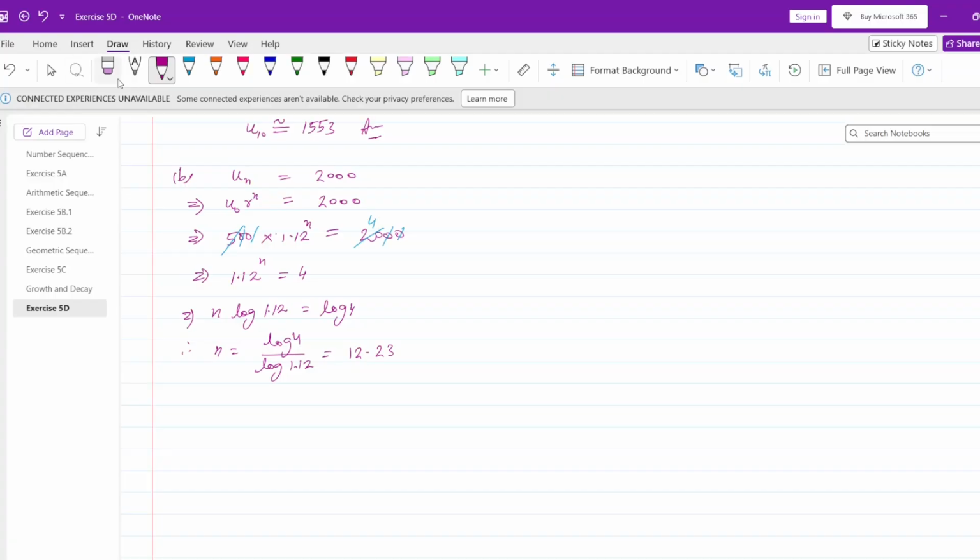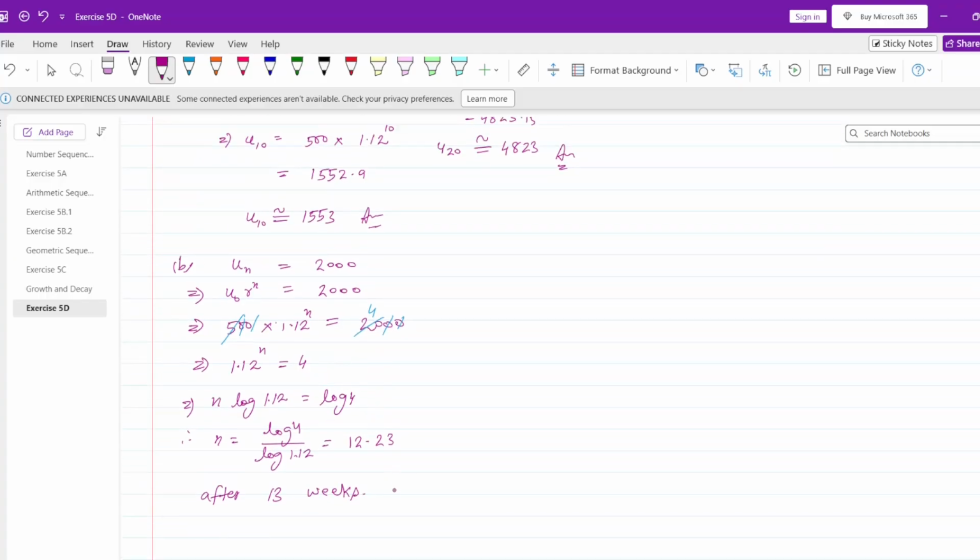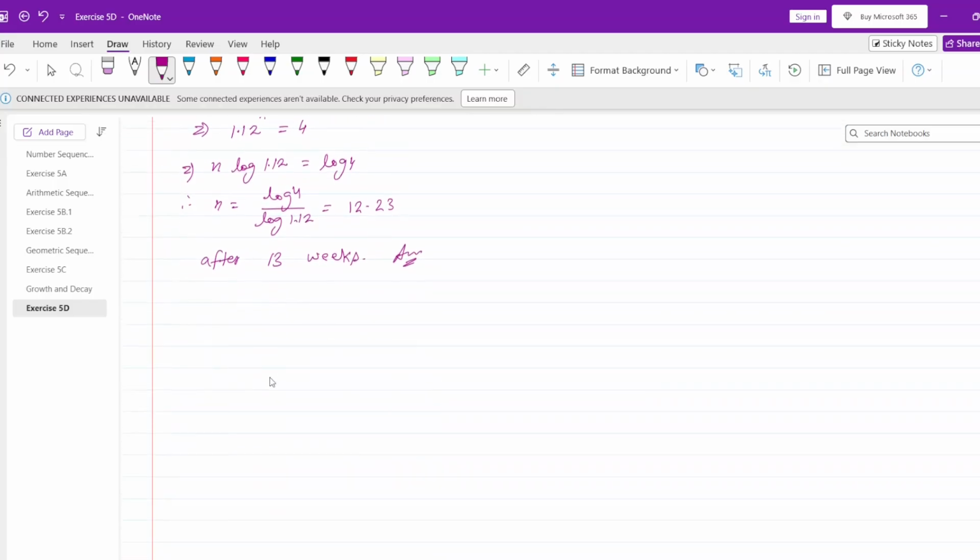So we know after 12 weeks the population won't be 2000. Therefore, the population will reach 2000 after 13 weeks. That's the answer. Let's go to the next problem.